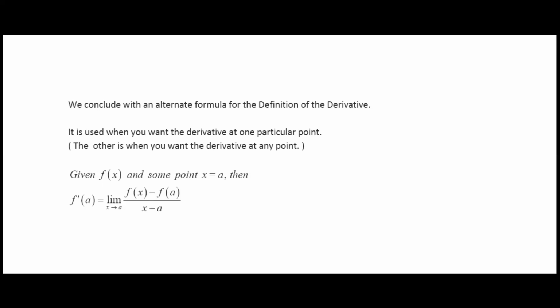But if you just want it for one point, there is an alternate definition, and it is this: given f of x and some point x equal a, then the derivative at a, f prime of a, is the limit of f of x minus f of a over x minus a as x approaches a.